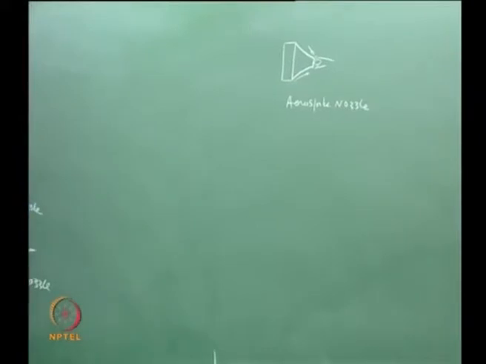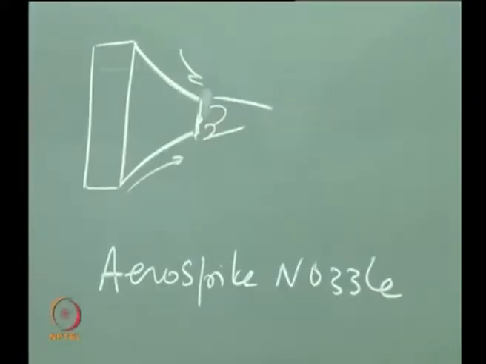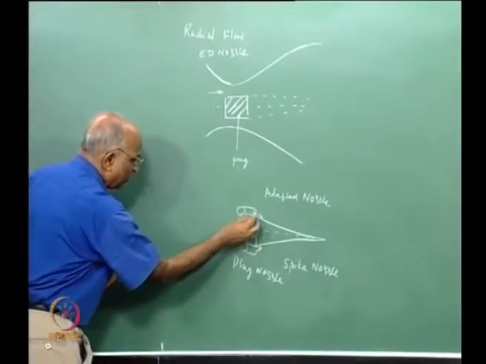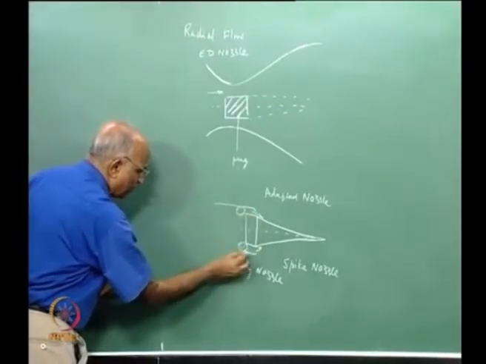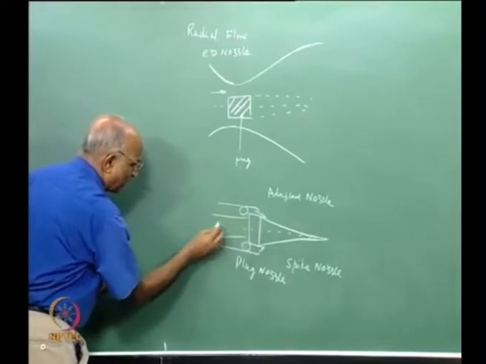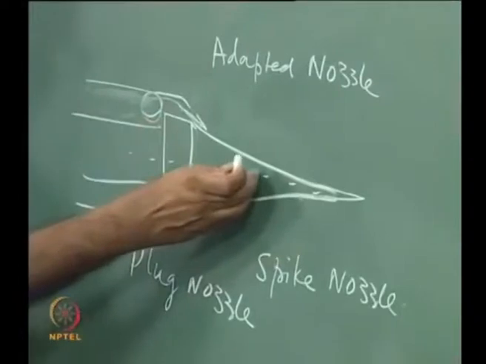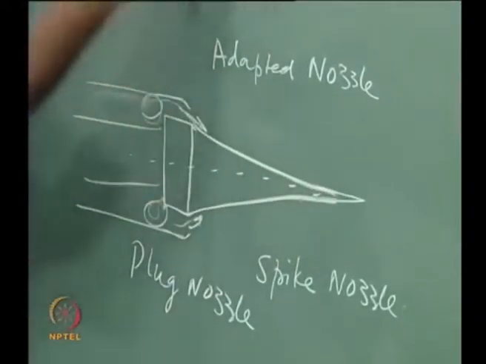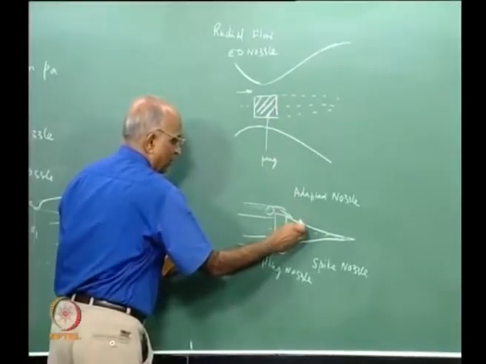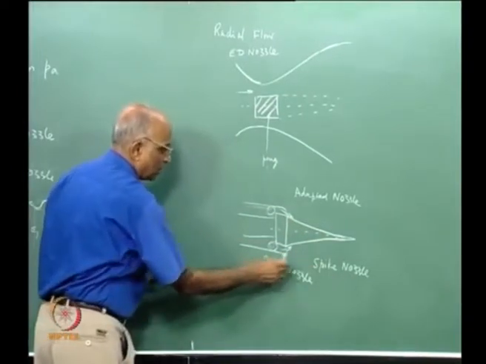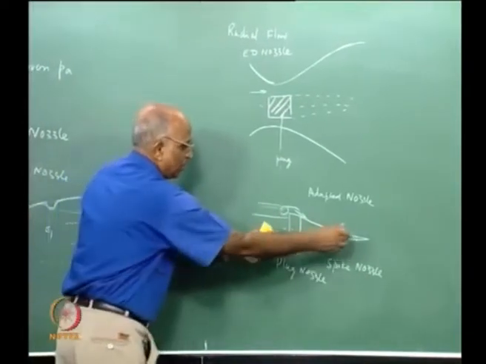Let me make these things very clear. What we are saying is, the combustion is happening over here, an annular combustion chamber, and I push the flow along this, I allow the spike to regulate it. Instead of having an outer boundary which regulates the pressure, I have an inner boundary which corresponds to a spike, which we call a plug nozzle or a spike nozzle, because this is a plug.